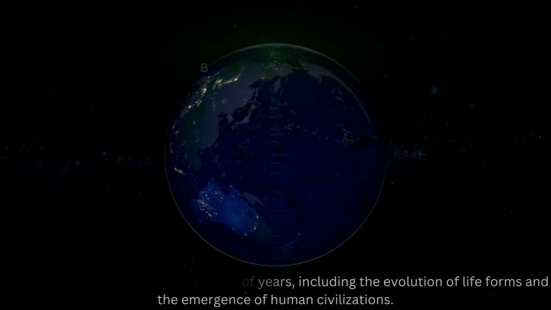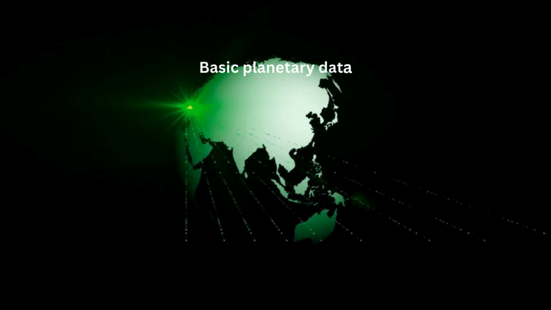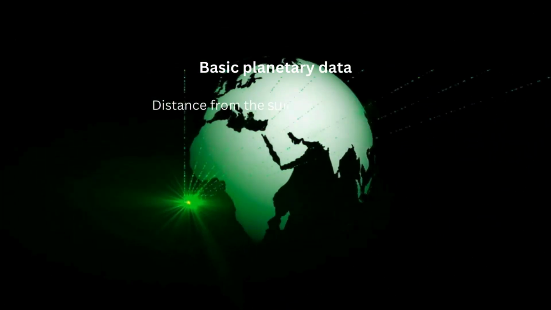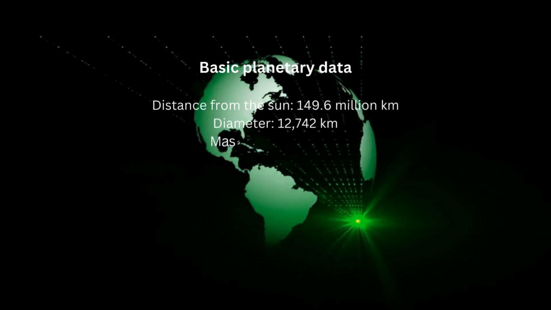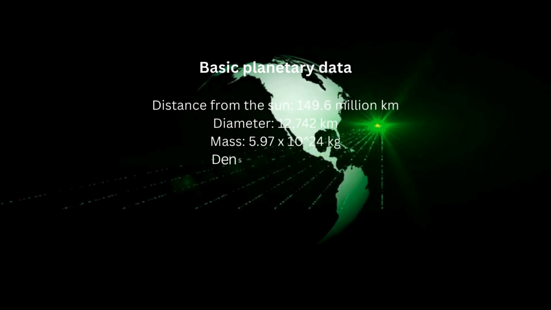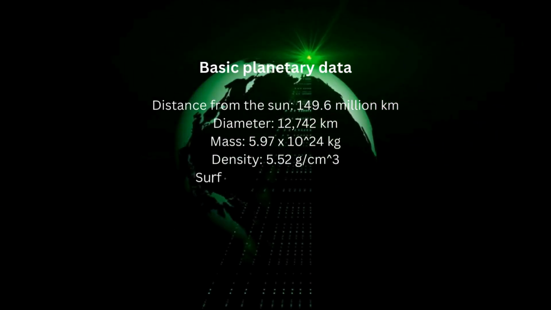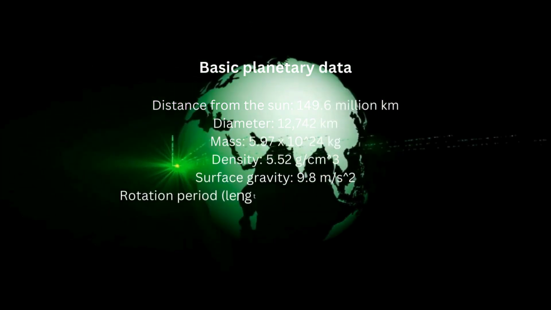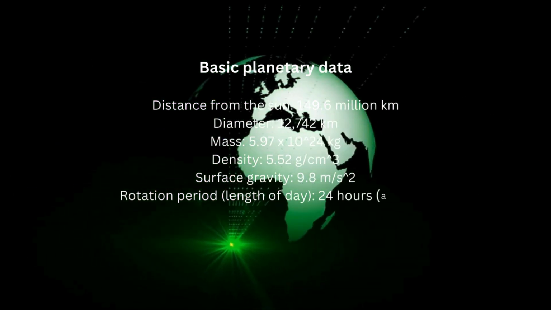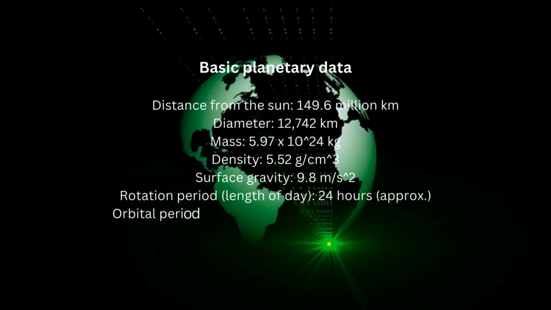civilizations. Basic planetary data. Distance from the Sun, 149.6 million kilometers. Diameter, 12,742 kilometers. Mass, 5.97 times 10 to the 24 kilograms. Density, 5.52 grams per cc. Surface gravity, 9.8 meters per square second.